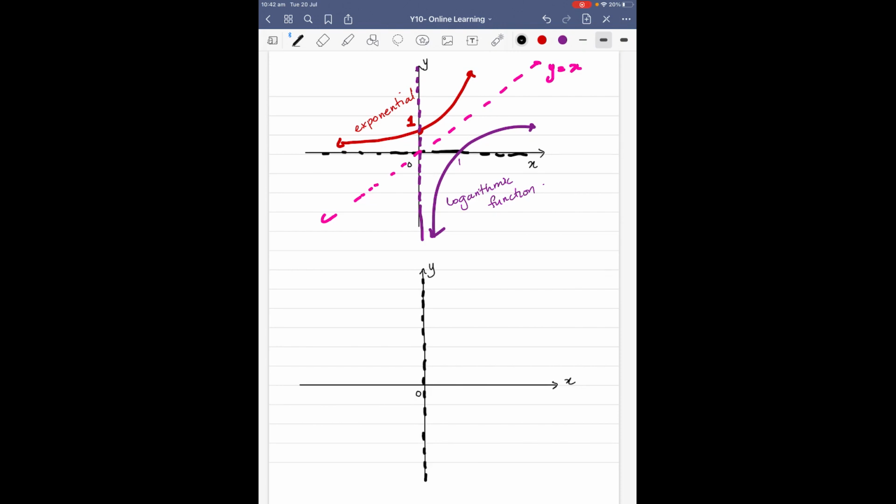We're going to have our basic log graph, which cuts through 1, and it would be like this. We're going to give it any number, so y equals log base 3 of x, for example.